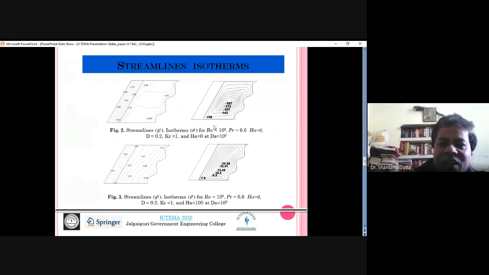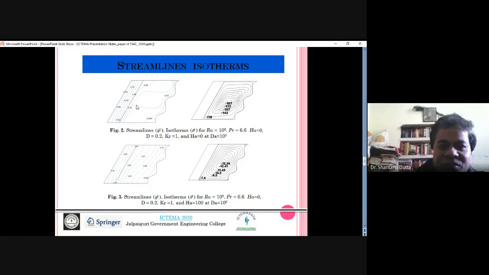When the magnetic influence is greater, the values decrease: this is 187, and now it has reduced to 13.136. The presence of the magnetic field has reduced the streamline intensity by more than 90%.